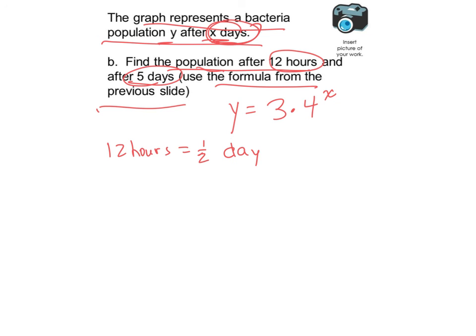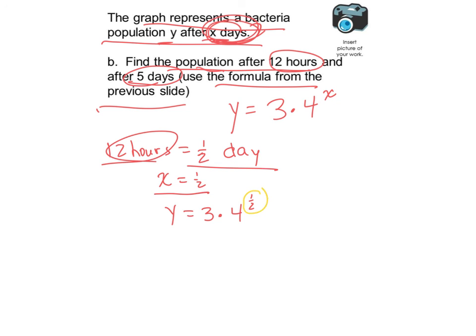Okay, so now I know my x equals 1/2 because my x is my days, and 12 hours is a half day. So now I'm going to substitute that into my equation. Y equals 3 times 4 to the 1/2 power. Whenever you have a rational exponent, we remember this is the index and this is the exponent. So what we really have is y equals 3 times the square root of 4 to the first power.